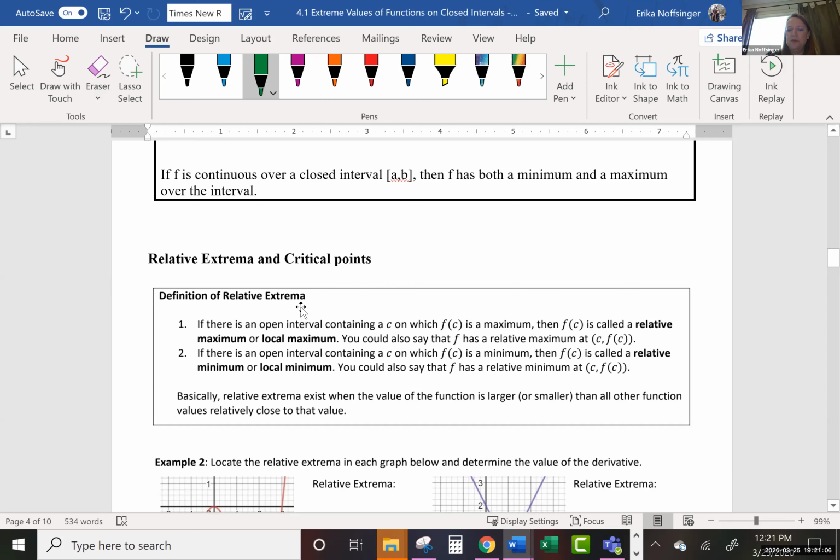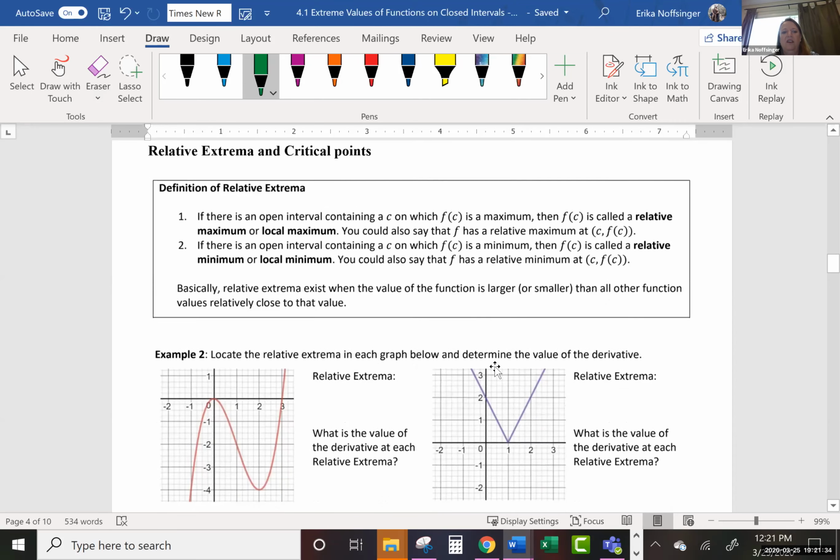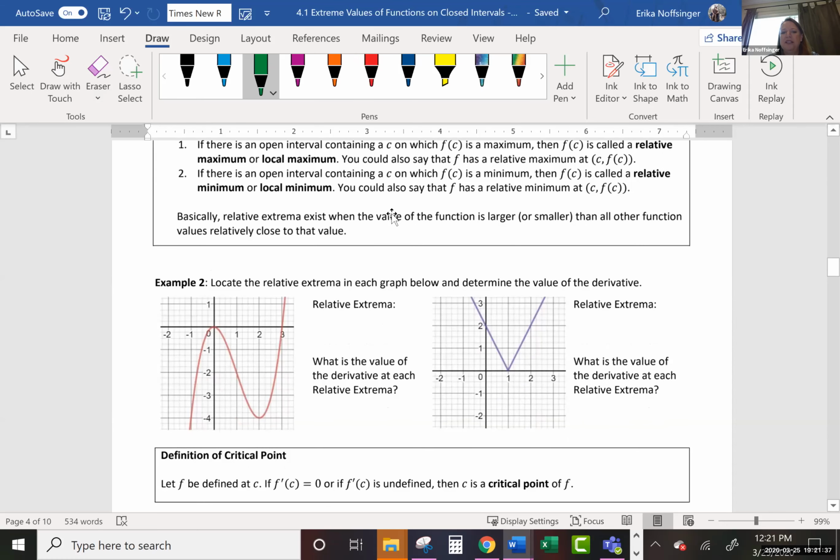Relative extrema occur where, at some value c, f(c) is a maximum if it's the largest y value, greater than or equal to any other in that interval, and it's a minimum if f(c) is the smallest y value in some interval. So basically, relative extrema exist when the value of the function is smaller or larger than all the other function values relatively close to that value.